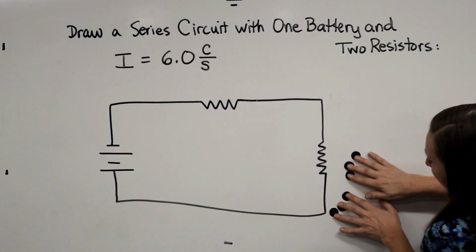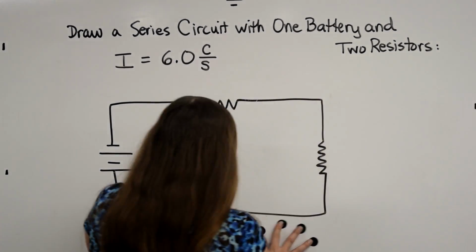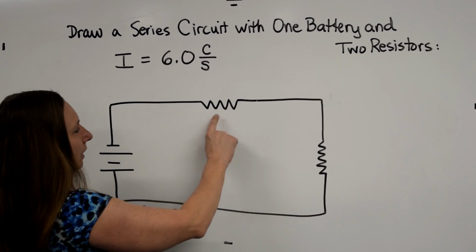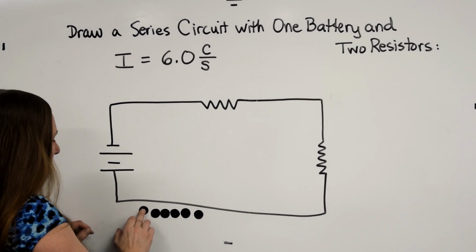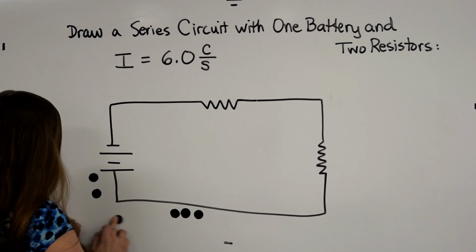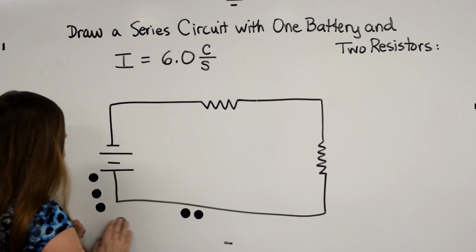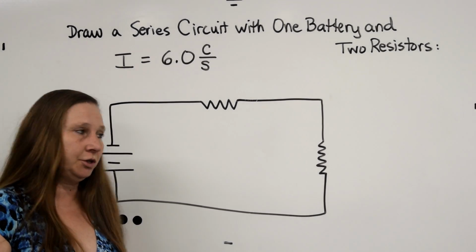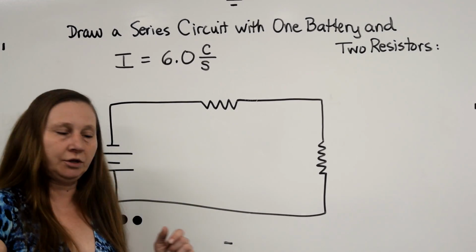With a series circuit, there is no way for a different current to go through any of the components. Whatever coulombs go through this resistor have to go through that resistor. So keep in mind that in a series circuit, all the currents are the same.